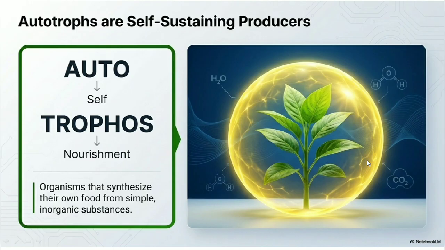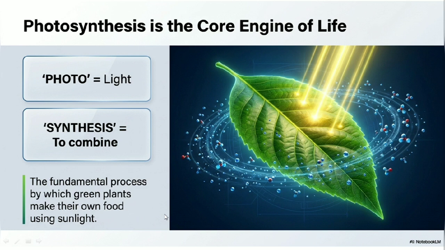Now, auto means self, trophos means nourishment. So autotrophs are self-sustaining producers, organisms that synthesize their own food from simple inorganic substances.